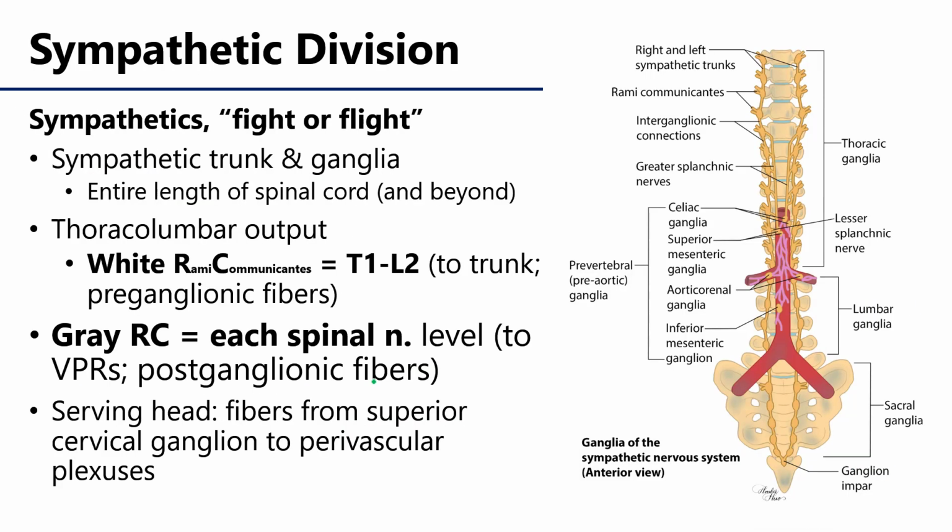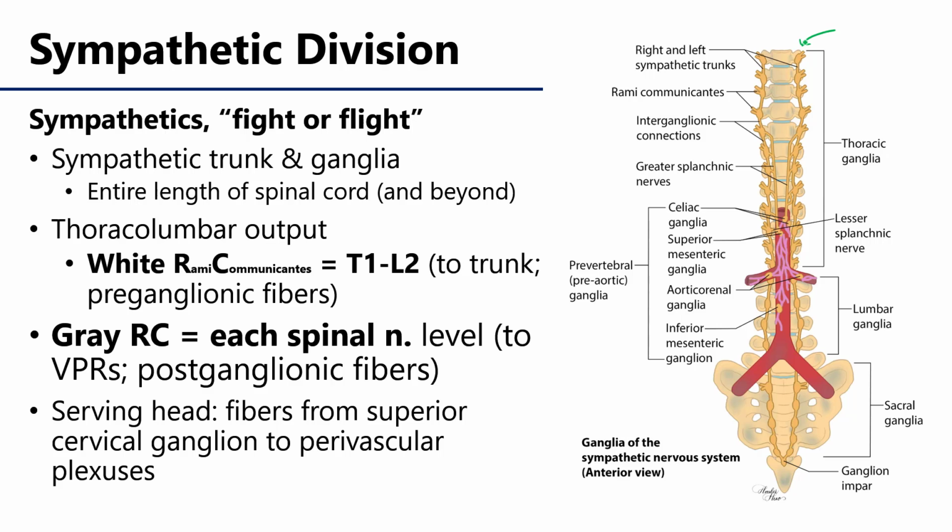The sympathetic division, the fight or flight response, is oftentimes referred to as the thoracolumbar output, and we'll see why in a second. This is very neatly organized in bilaterally paired sympathetic trunks, which largely consist of sympathetic ganglia strung together by fibers, which we can see located anterolaterally to the vertebral column.